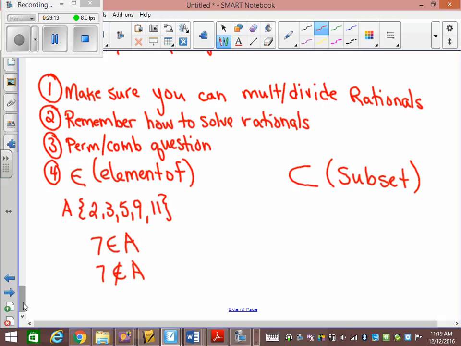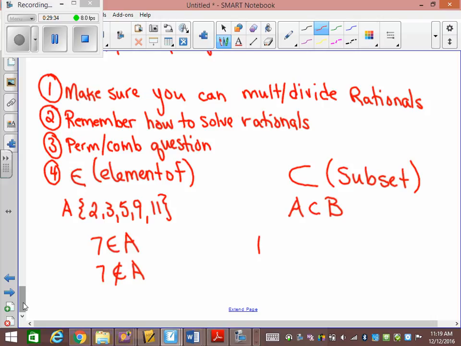So say I give you this. A is a subset of B. Okay? A is this. What would B have to have in order for that to be true? A is a subset of B. Everything in A. Could it have more? Yes.